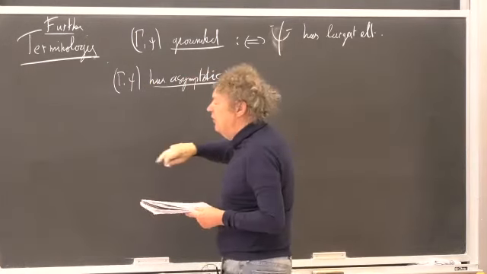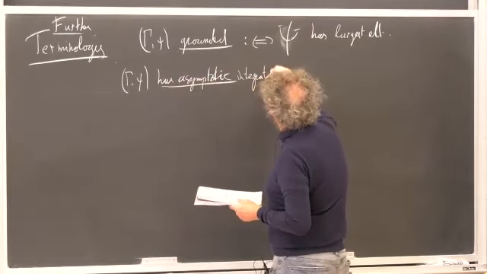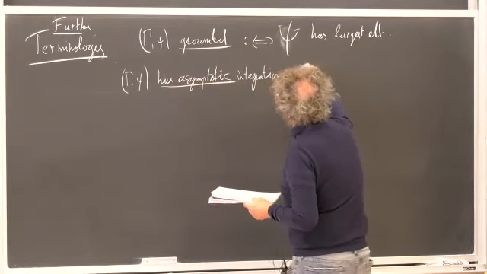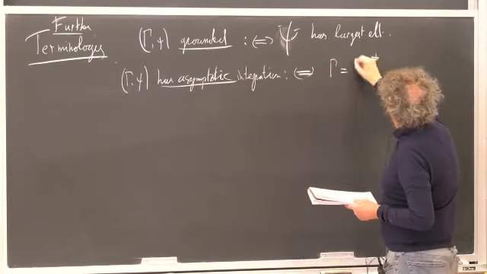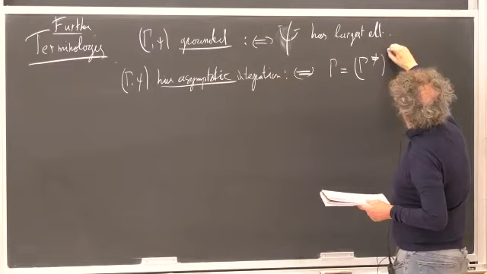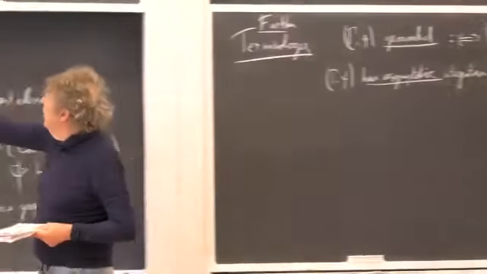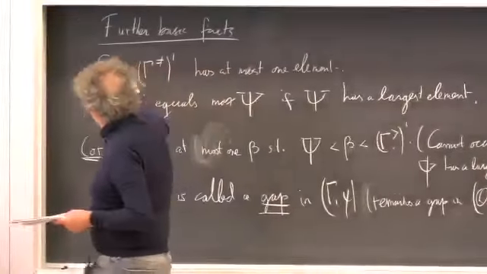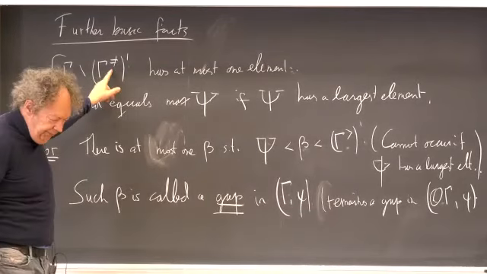if every element in gamma is a derivative. Note here I said that gamma can have at most one element outside this.